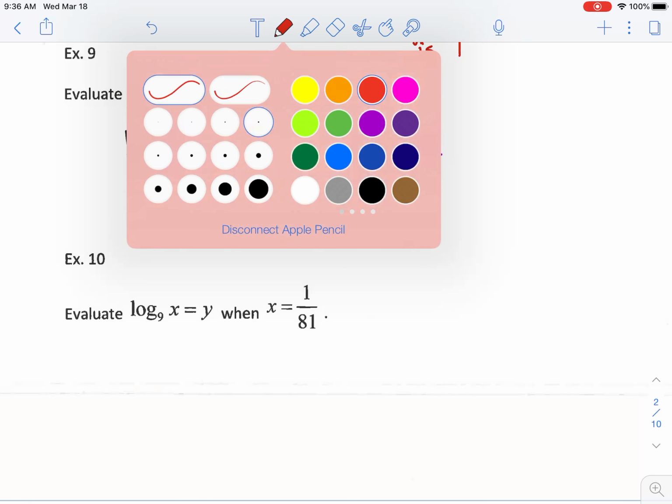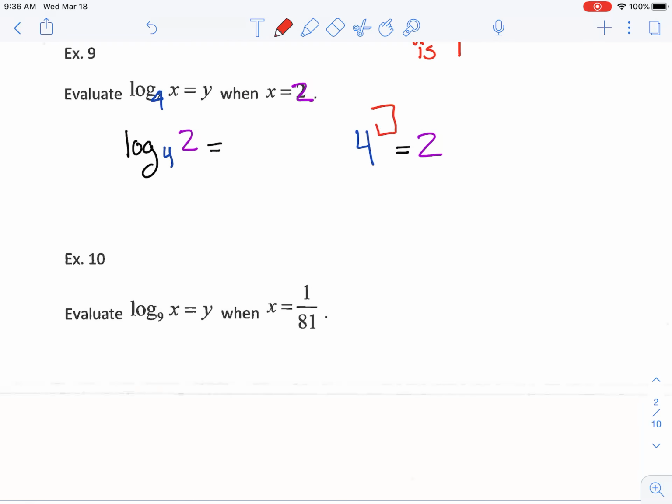And then I'm missing my exponent. So I need to get 4 to an exponent equals 2, and that's a lower number. And that's a hint that I'm going to need a square root in some way, shape, or form. And it is, in fact, a square root, and a square root is the same thing as 1/2.